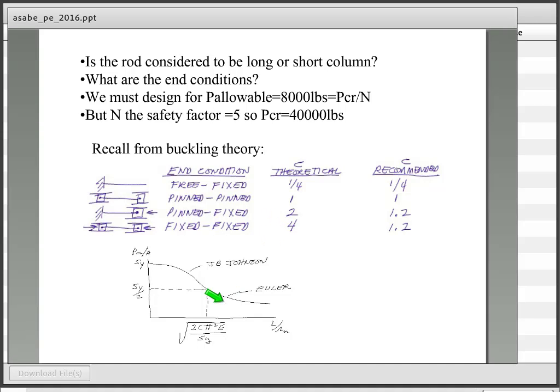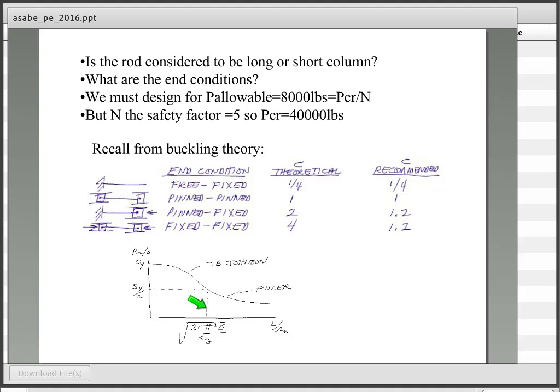But this critical load factor that we calculate here, 2C, where C is this guy, times pi squared E, modulus of elasticity for the material, divided by SY, yield of the material, square root of that.